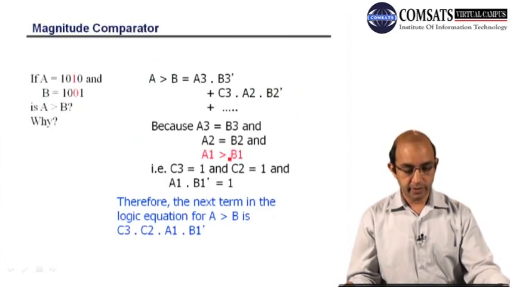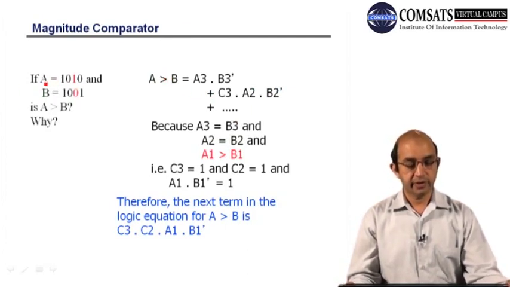But the problem is how we can find a greater than b. If we consider a and b, you can see that we start from the most significant bit. We see that a3 and b3 are equal, then a2 and b2 are also equal, but a1 is greater than b1, because here we have a 1 and a 0.